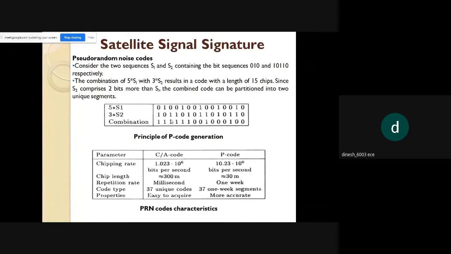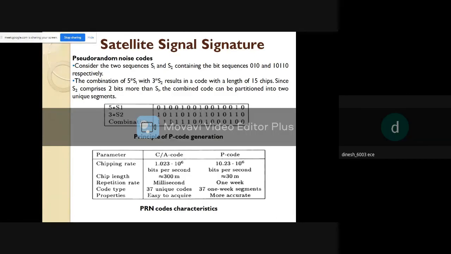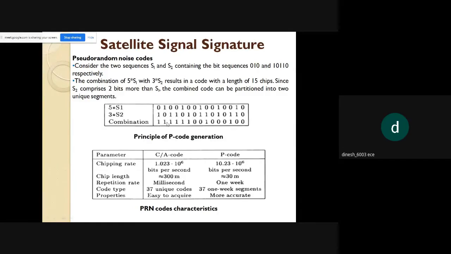Now we use a binary operation. Most probably the binary operation we use here is modulo 2 addition, or XOR gate operation. So do modulo 2 addition of these two bits: 0 and 1, the XOR output is 1. For 0 and 0 we get 0, and for 1 and 1 we get 0.